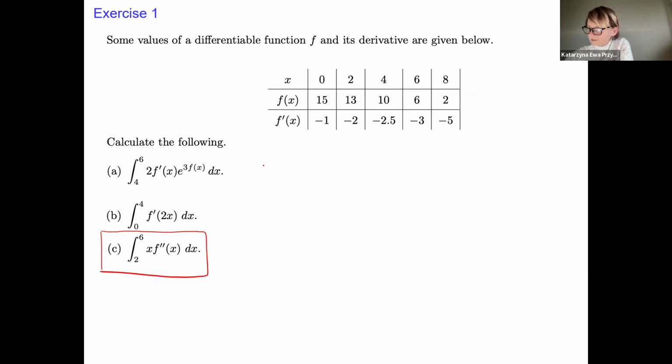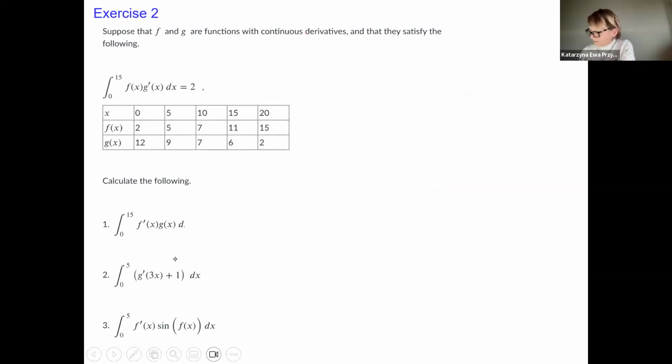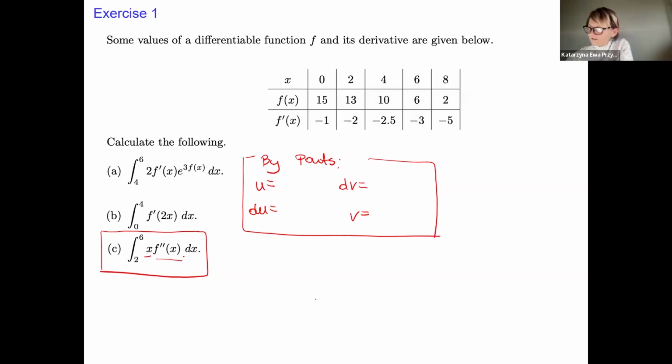Okay, how can I do it? Integration by parts. U, du, dv, and v. Okay, and we have x and we have the second derivative. That means we have to put x and we have to put the second derivative, dx.